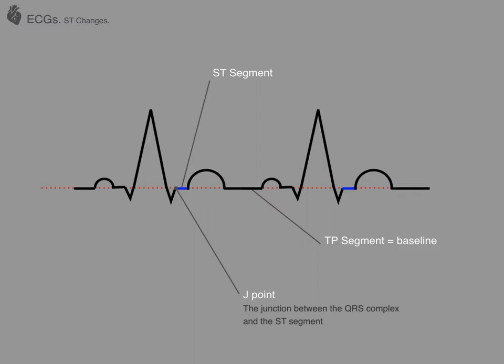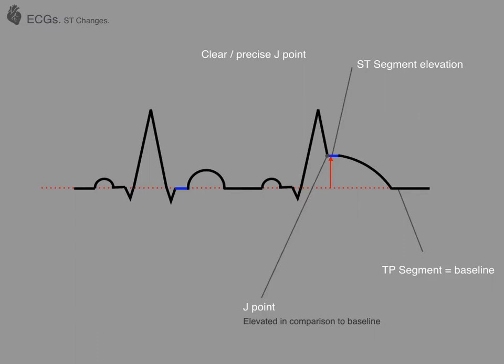We can also define something called the J point. This is the junction between the QRS complex and the beginning of the ST segment. ST elevation is when the ST segment is elevated above the baseline, so that TP segment.